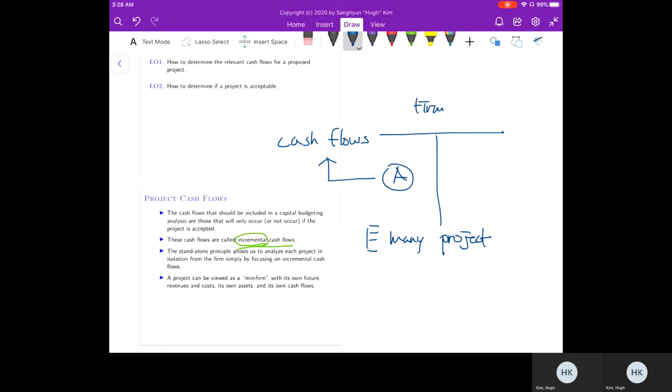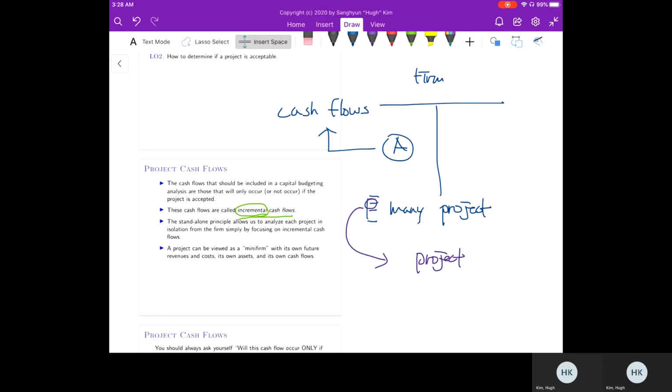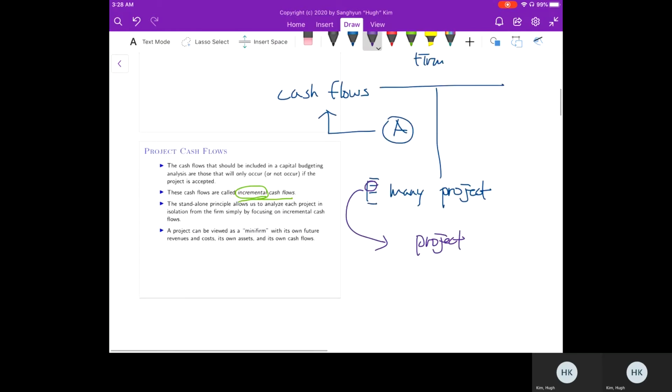By focusing on incremental cash flows, we can isolate each project from the firm and analyze it separately, which makes the analysis much easier.